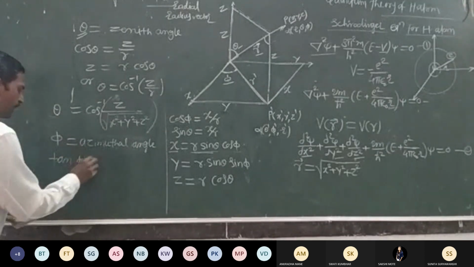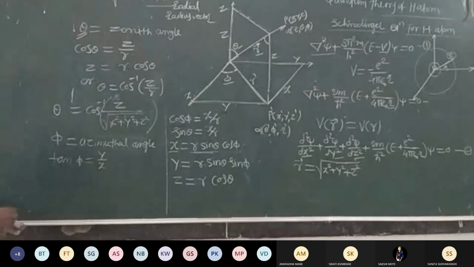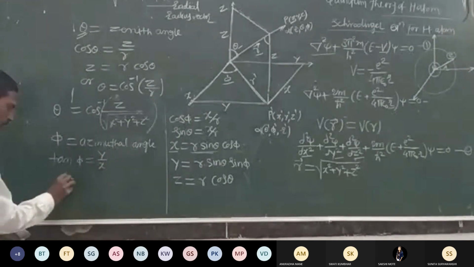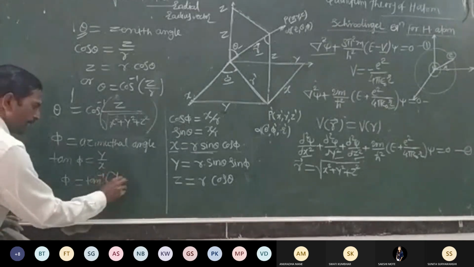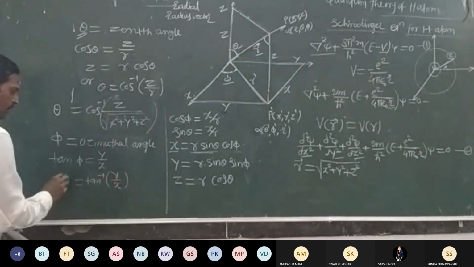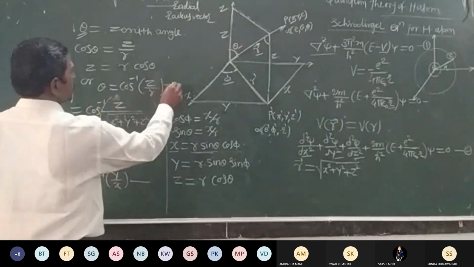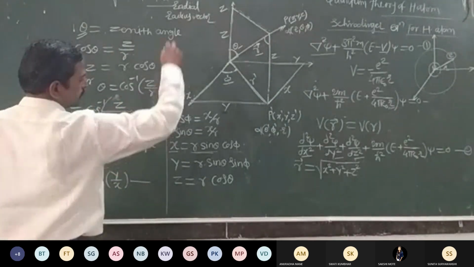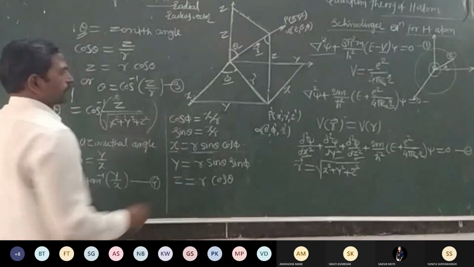Tan of phi is equal to y upon x, or it is nothing but phi is equal to tan inverse of y upon x. This is phi and this is theta. I think it is equation number 3. Okay, this one is equation number 4.